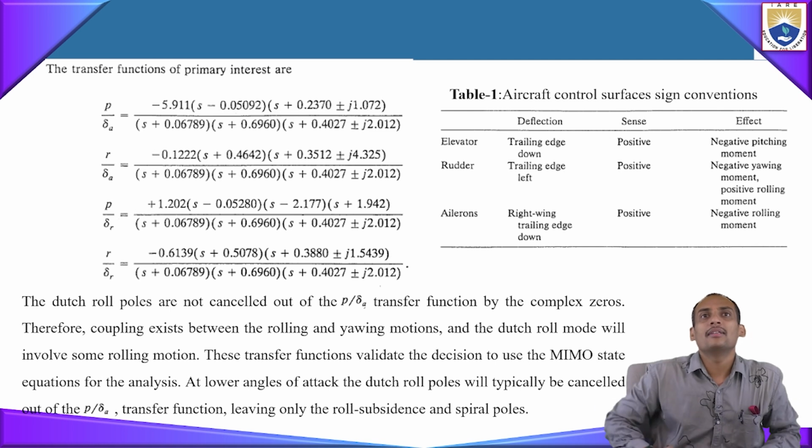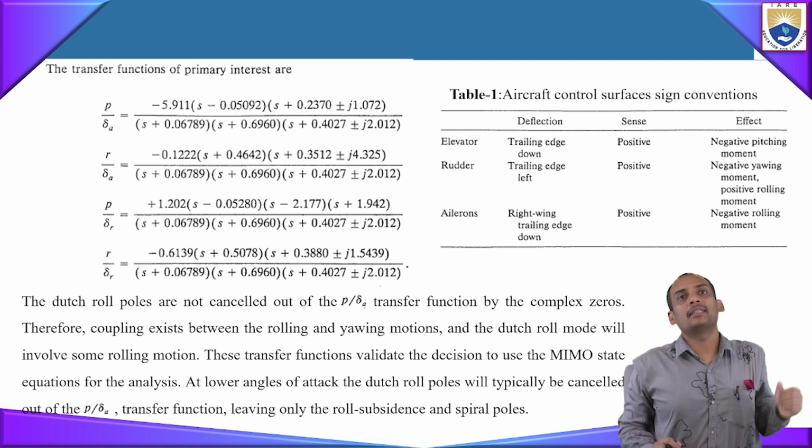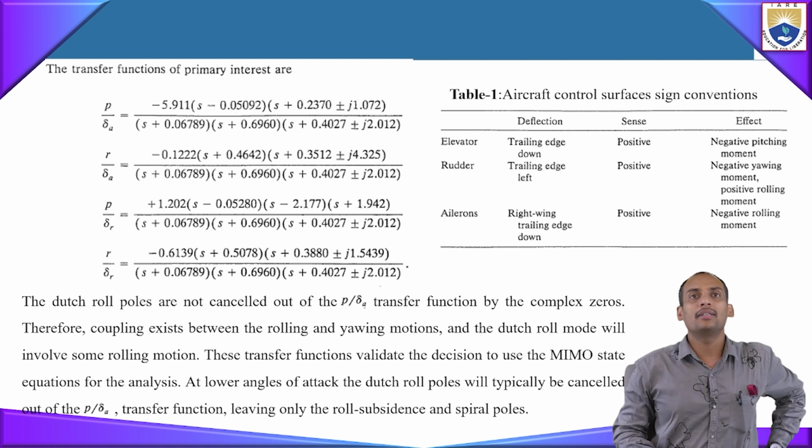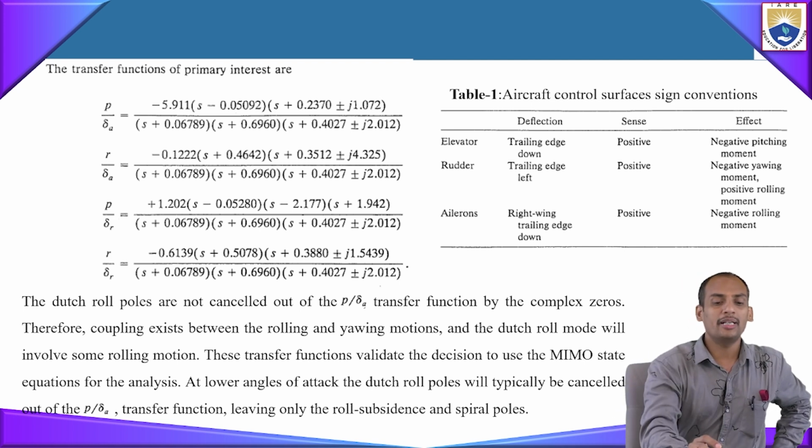So for that, the transfer functions for different rates will be like p by delta a.